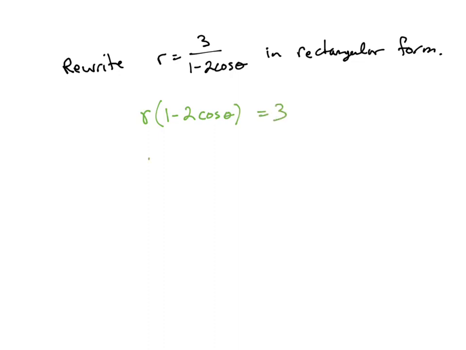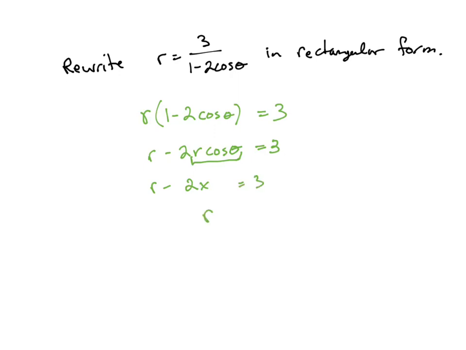Let's see, I'll multiply that out. And r cosine of theta is x, so r minus 2x equals 3.